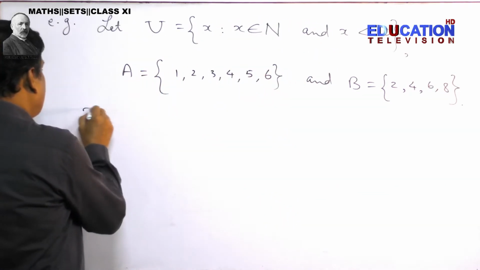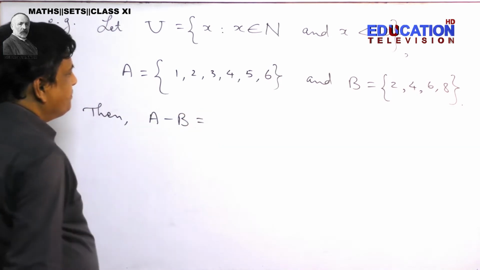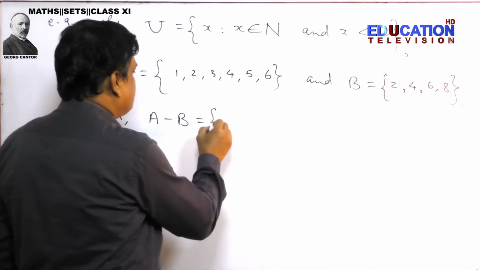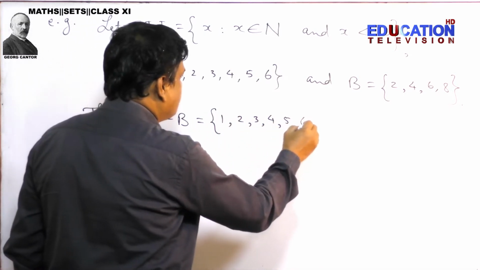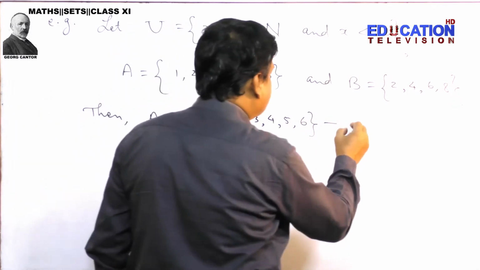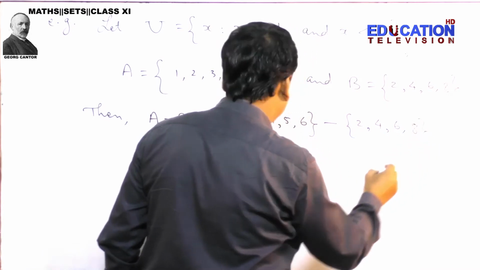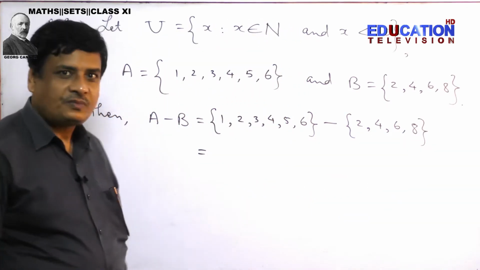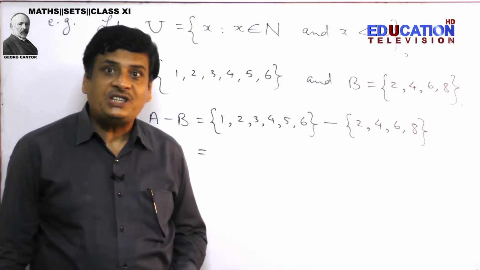Then A minus B. A minus B is the set of those elements of A which are not in B.